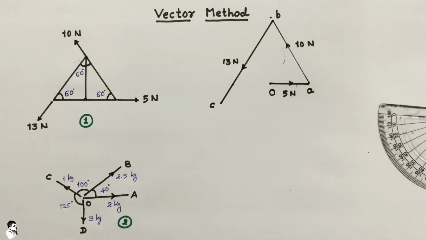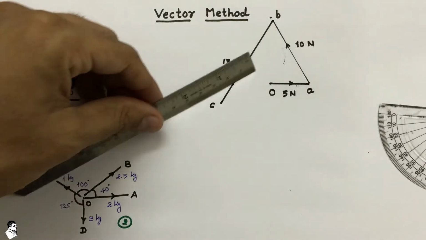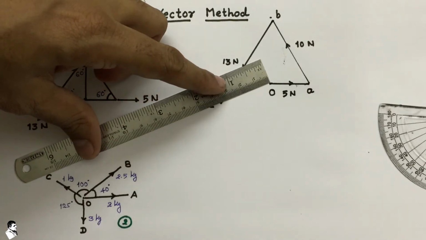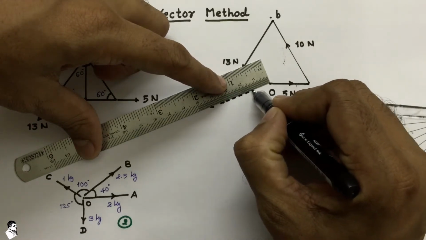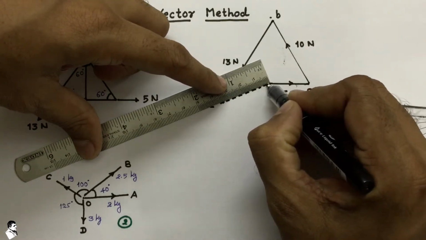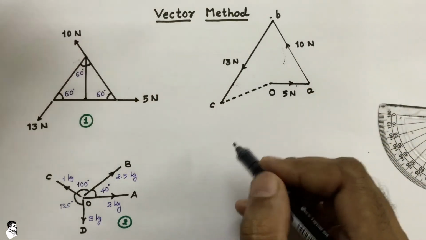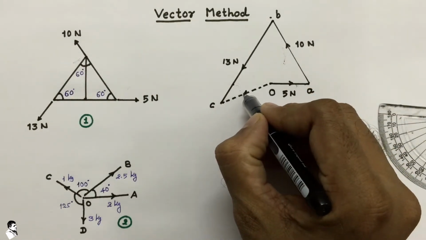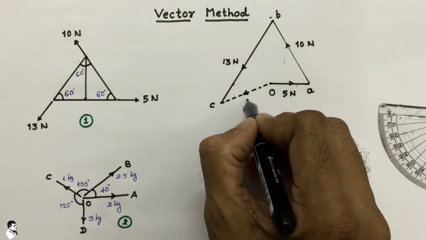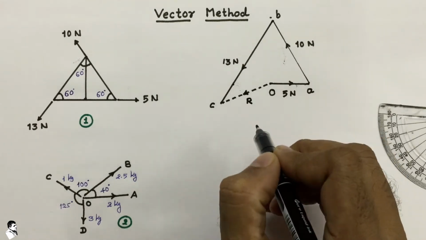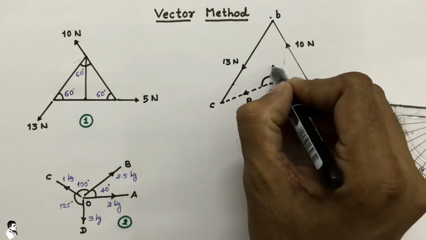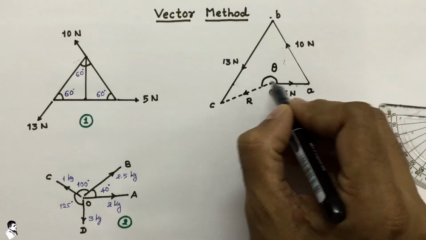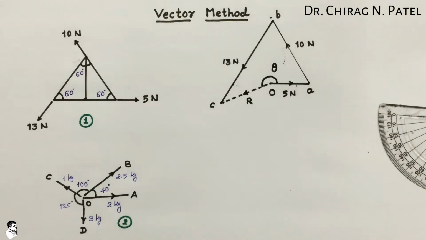Now joining that last point and first point in reverse order, we join them by a dotted line, point O and point C. That line represents the resultant R, and the angle that it makes with the horizontal is theta for that particular resultant.